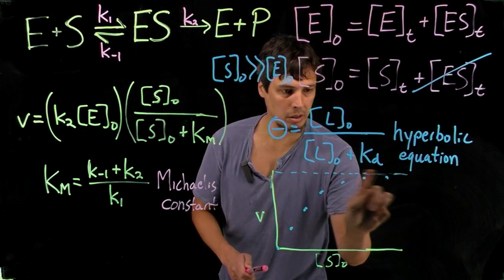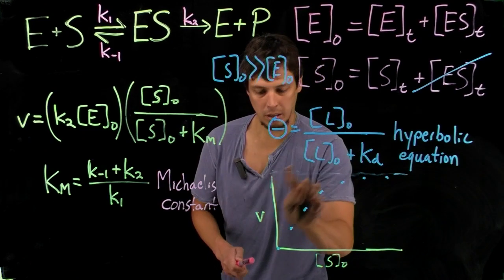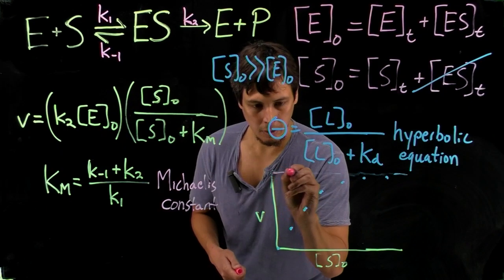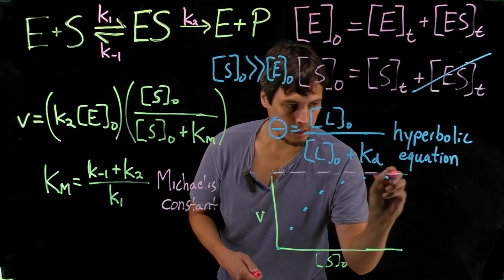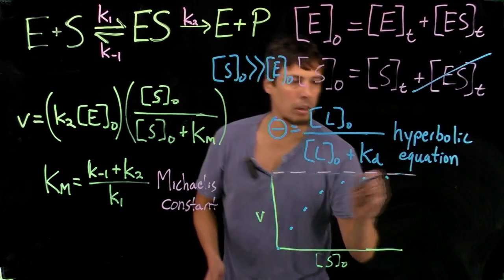We'll color this red so it's easier to see. There we go. So that approaches an asymptote, just like the ligand binding curve does.